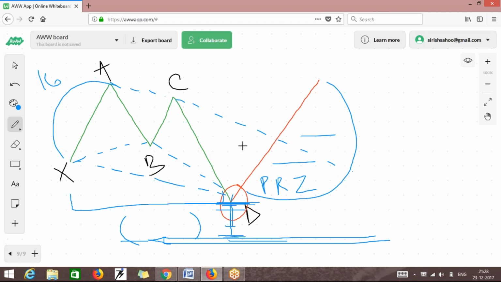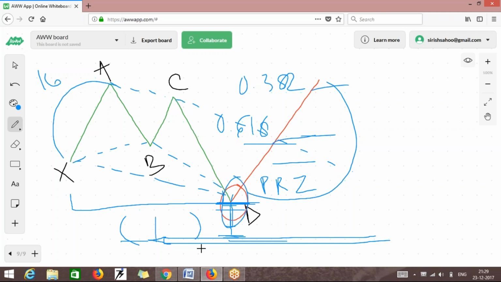As profit taking, we have already discussed, the profits are taken at 0.618 or 0.382. So this is where your entry point is, and these are the targets.